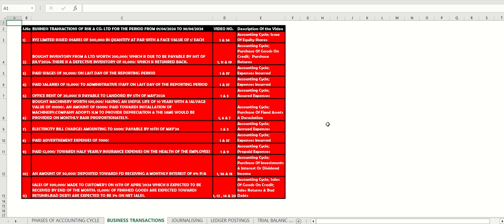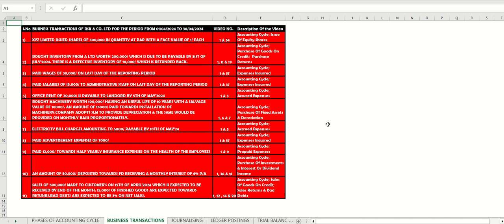So this is primarily related to the sales which are being made by RSK and Co to its customers. How much worth of sales has been made? 5 lakhs worth of sales has been made to its customers on 15th of April 2024, and the amount for that sales is expected to be received by end of the month, which means the sale has been made and the amount would be received by end of the month.